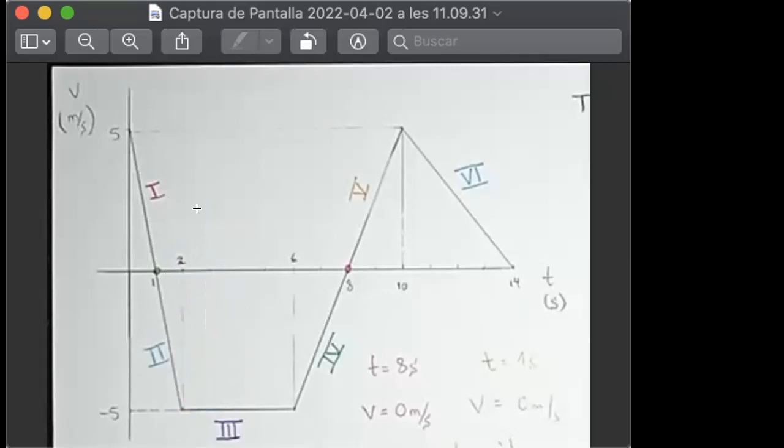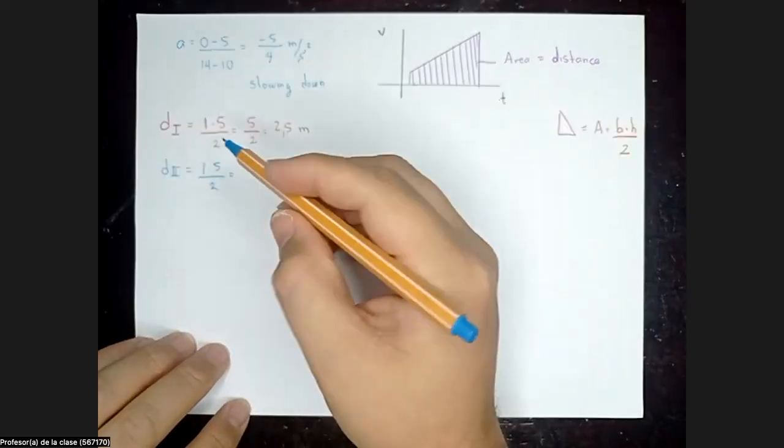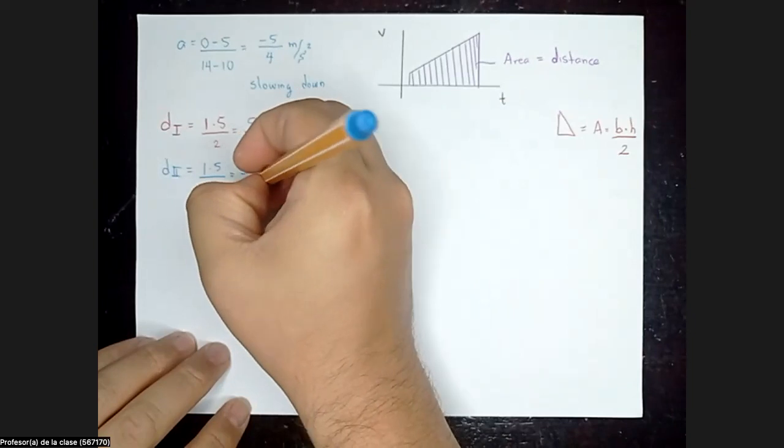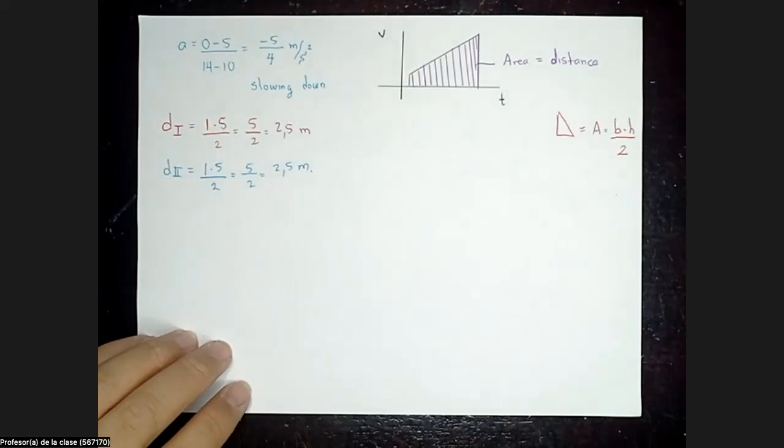So the base is going to be 1 because the distance between 1 and 2 is 1. 1 by the height is going to be 5. No, minus 5. No, 5. Remember, the sign will not work here. So base by height divided by 2 is going to be 5 divided by 2, and it's going to be 2.5 meters again.